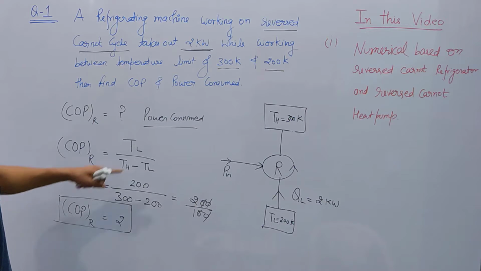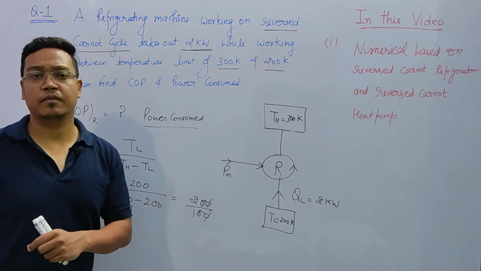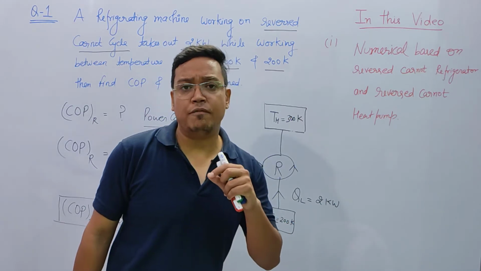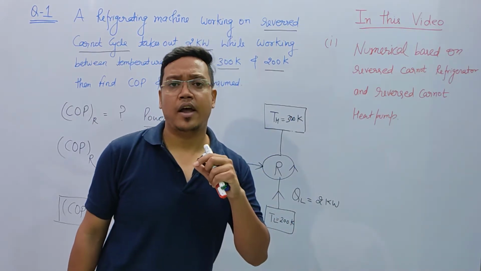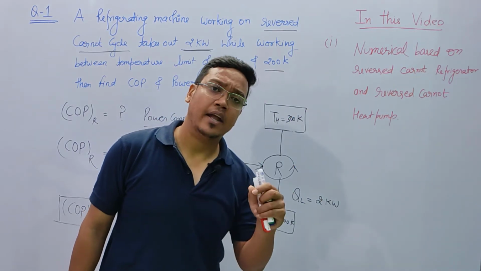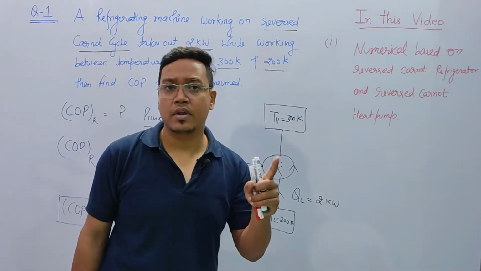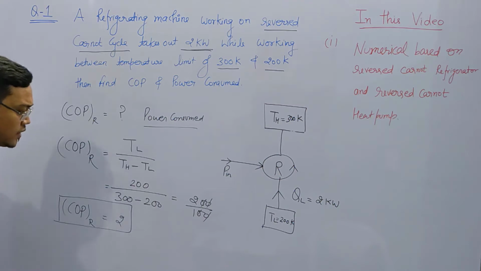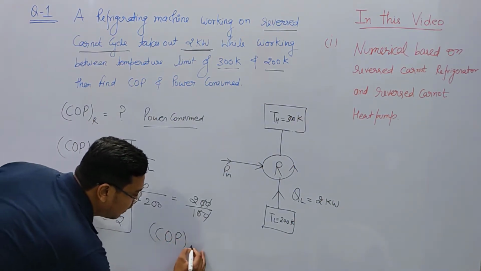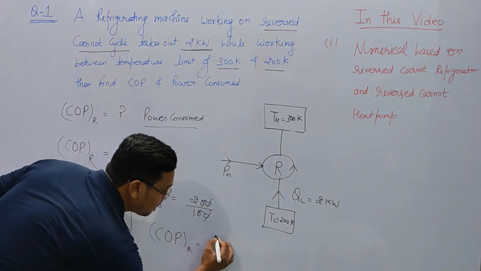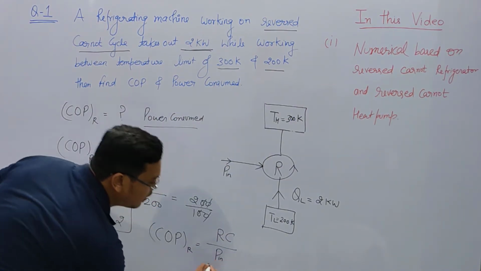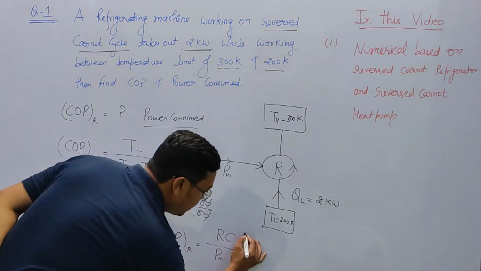Now what is saying? Power consumed. In the video of coefficient of performance and refrigerating capacity and power input, I have told COP can be written like this: RC divided by power input. Both terms shall be in kilowatt.